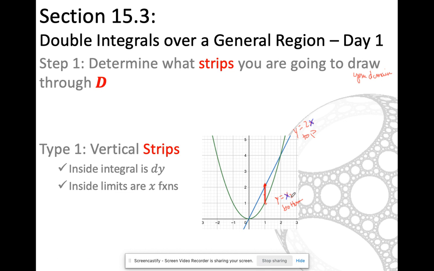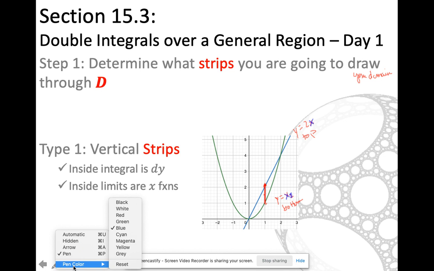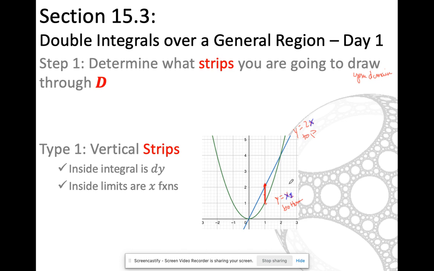Oops, I don't know why I made that a subscript instead of a superscript, right? So check. Next, the outside integral then is going to be dx, because I'm going to use iterated integrals, and I'm going to integrate the inside first with respect to y, but I'm going to replace the y's with x functions.